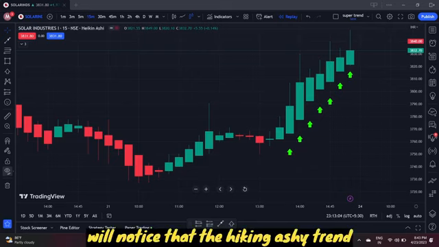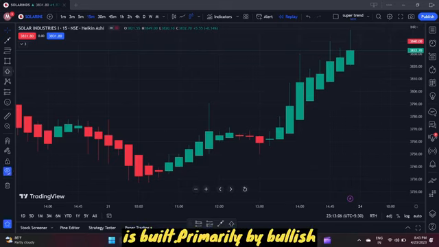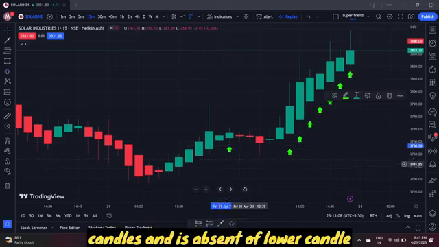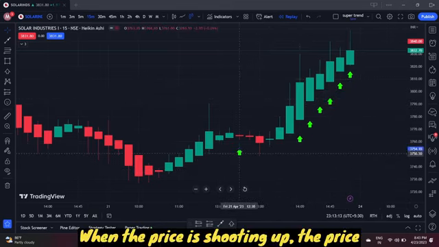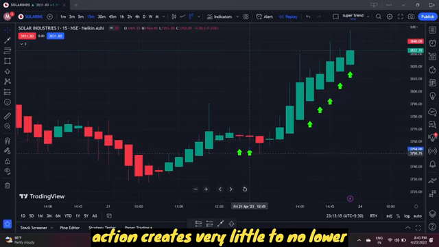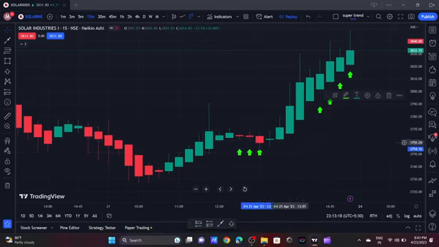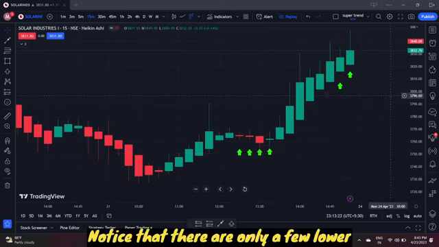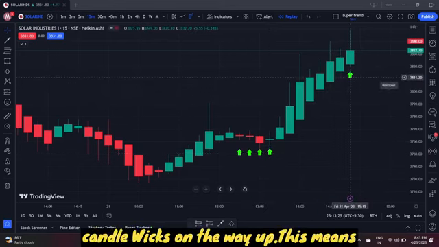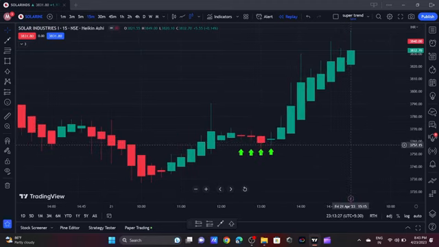However, you will notice that the Heikin Ashi trend is built primarily by bullish candles and is absent of lower candle wicks. When the price is shooting up, the price action creates very little to no lower shadows. Here you can see the strong bullish trend or uptrend market. Notice that there are only a few lower candle wicks on the way up. This means that this bullish trend is very strong.